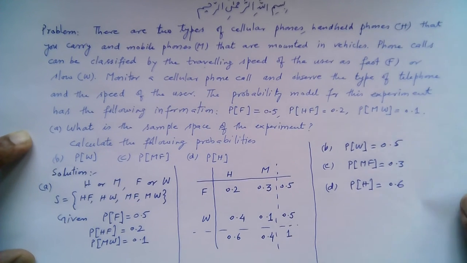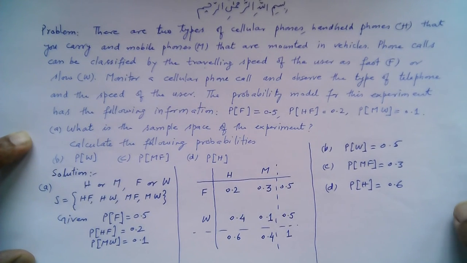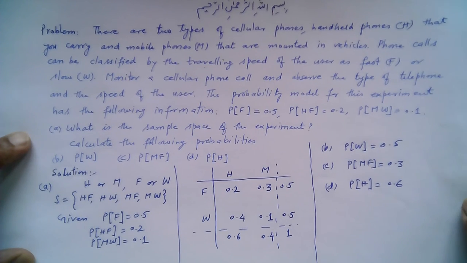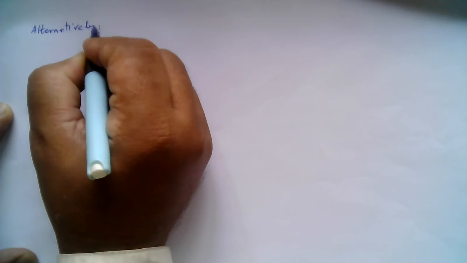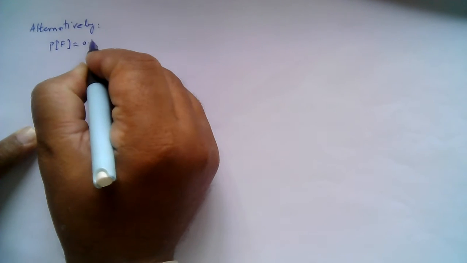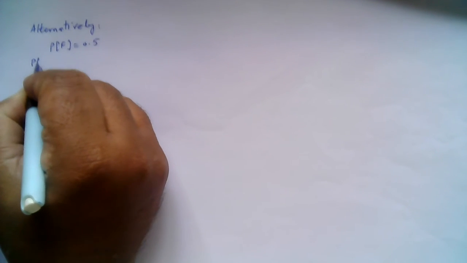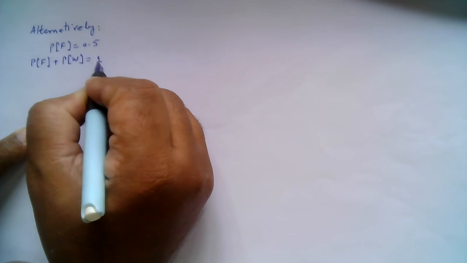So if we look at this problem in another way, this can be solved, for example, in an alternate manner using the mathematical method. We are given that probability of fast phone is 0.5. So phone can be either fast or slow, so the total probability is 1, right?